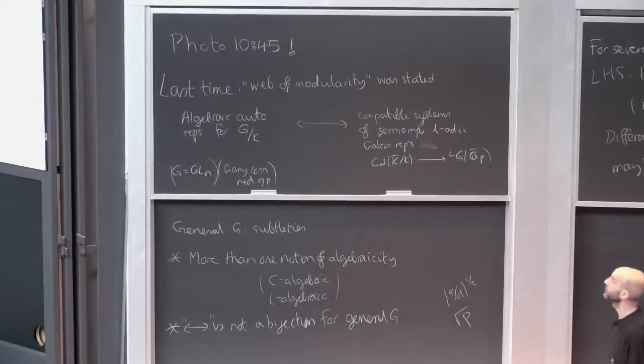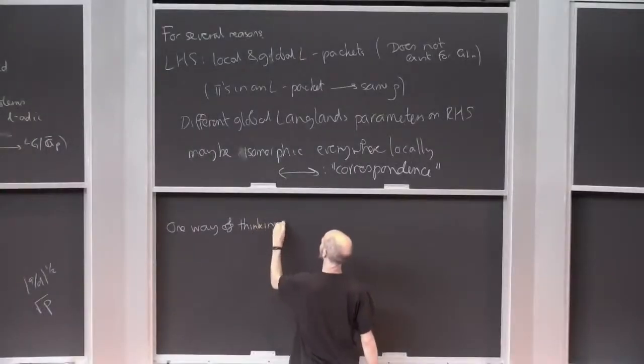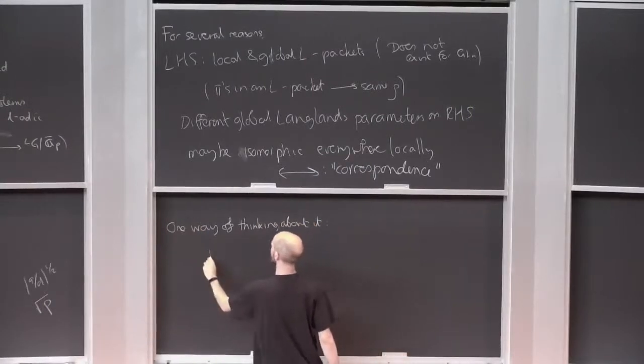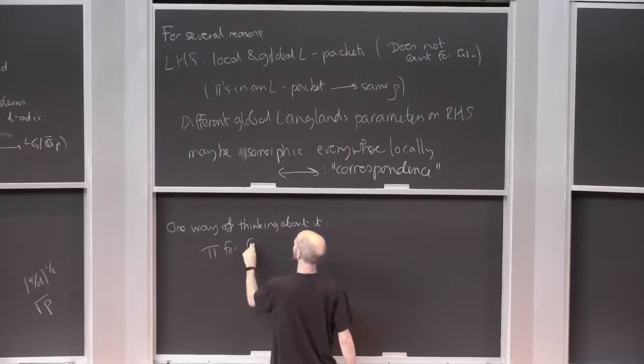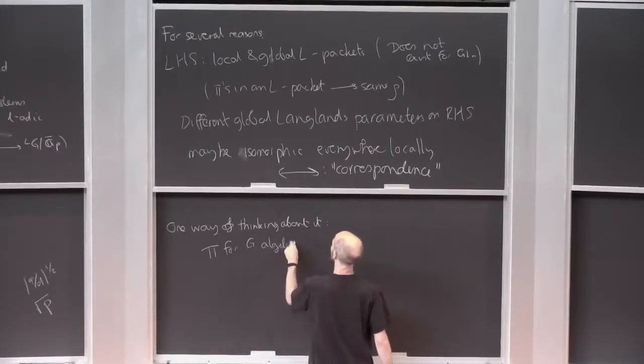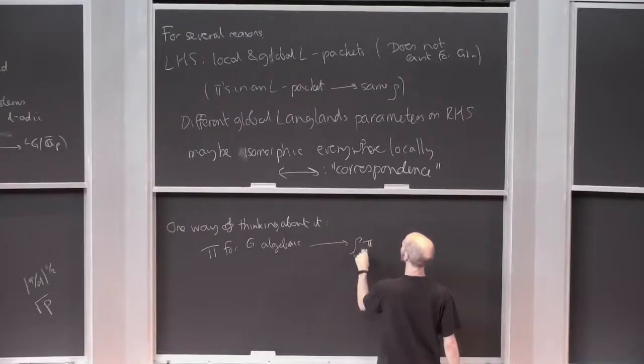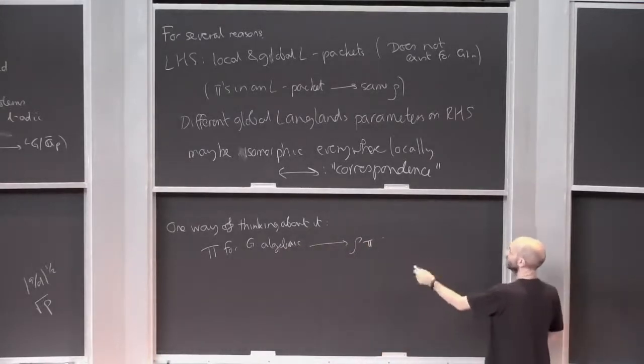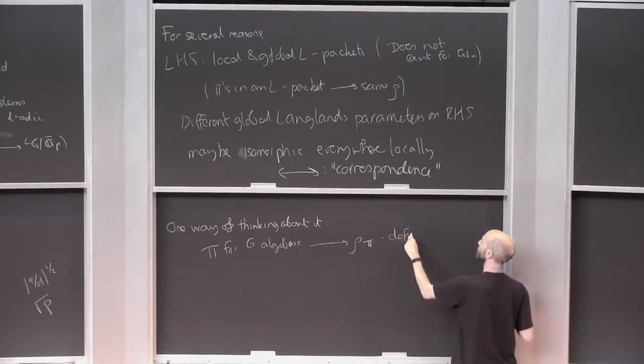Whether we got it right or not, time will tell. But one way of thinking about it is that an automorphic representation pi for G which is algebraic should go to some rho_pi, some Galois representation, defined up to some kind of Tate-Shafarevich group.